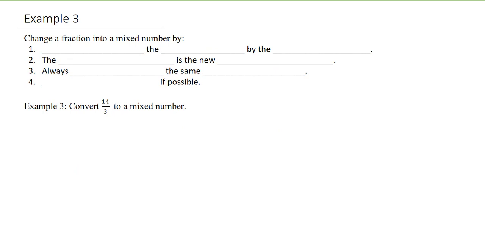Now let's keep moving on. Example 3, how do we change a fraction into a mixed number? So we're going to divide the numerator by the denominator. Then the remainder is the new numerator.